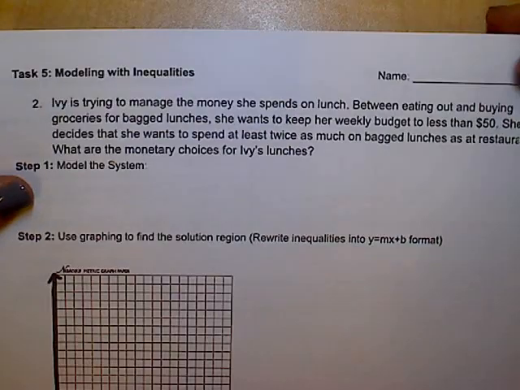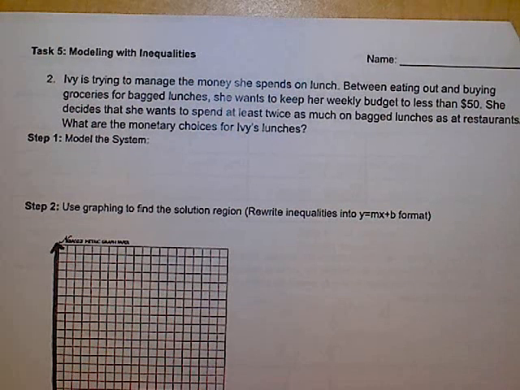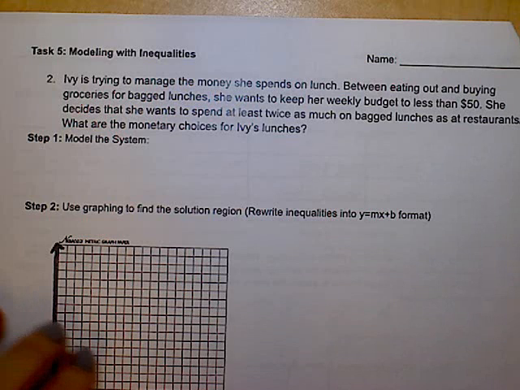Okay? Let's do another one together. So number 2, Ivy's trying to manage the money she spends on lunch. And between eating out and buying groceries, she wants to keep her weekly budget to less than 50. And so maybe let's define some variables.